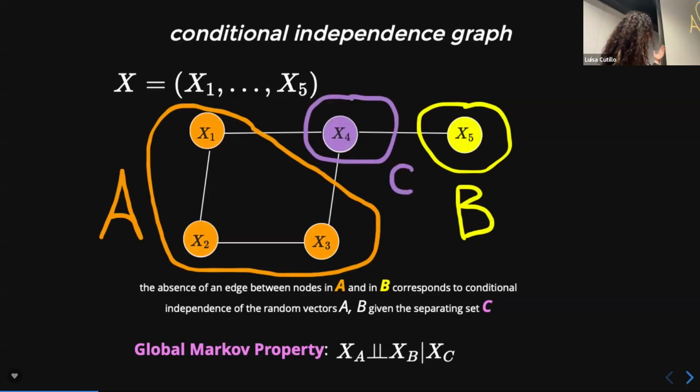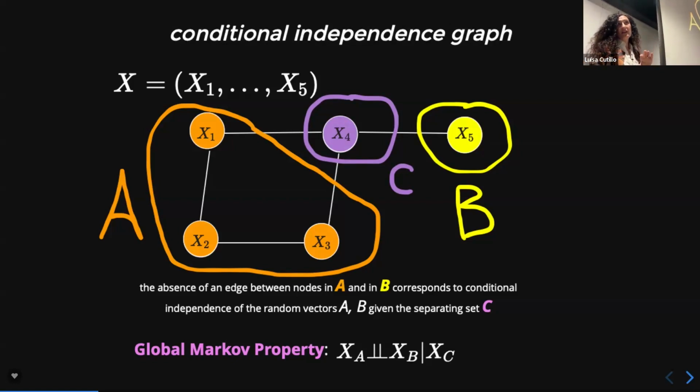You can see that all the paths that connect the nodes in A to the nodes in B go through C. So that is your separating set. This means that we have the global Markov property: the vector in A is conditionally independent from the vector in B given C.